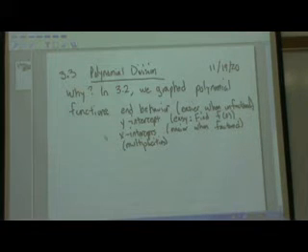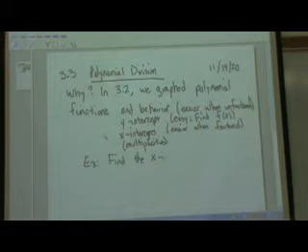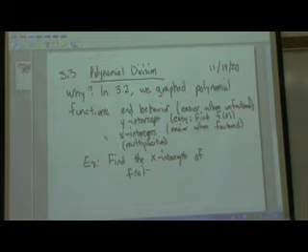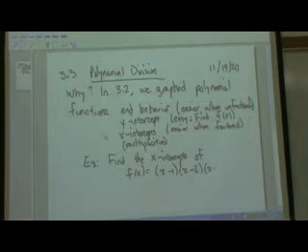For example, if I ask you to find the x-intercepts of f of x equals, let's make it easy, parentheses x minus 1, parentheses x minus 2, parentheses x minus 3. That's easy because it's already factored.